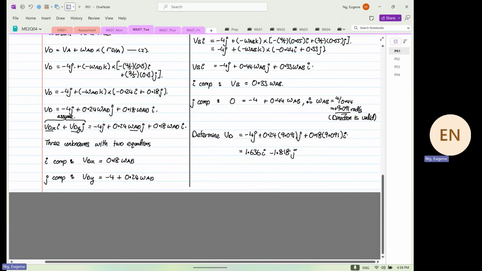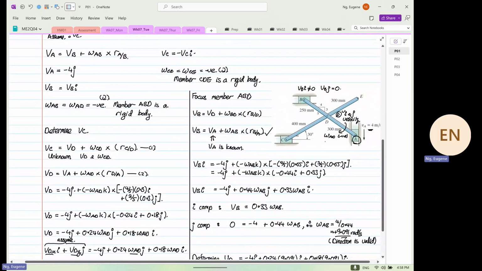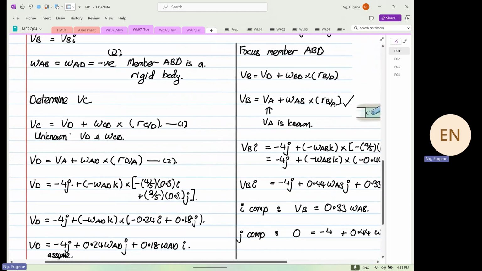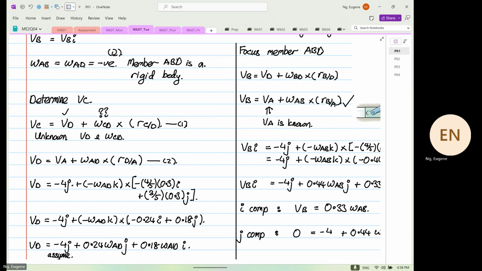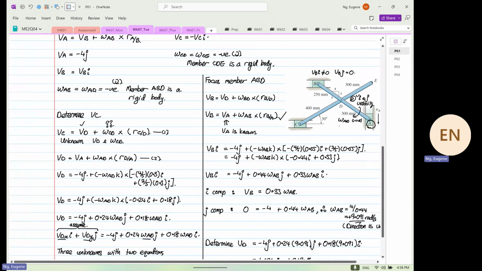Okay, right. So from here, finally, we focus on equation number 1. Finally, we know what is our VD, right? But we still don't know what is our omega CD. We haven't found that out yet. So you cannot form any more equations if we look at member CD now.